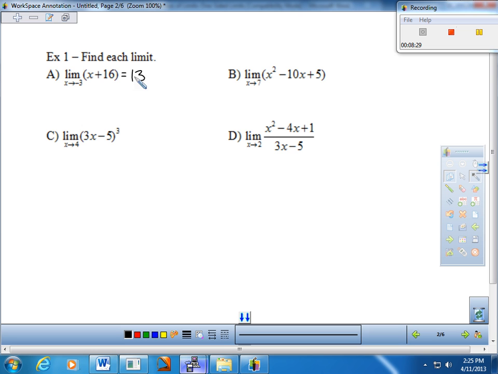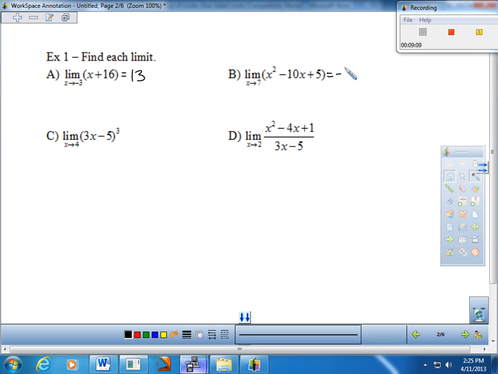Okay, next one. Limit as x approaches 7 of this nice quadratic function. Rather than putting in 6.9 and 6.99 and numbers just above 7, let's just put in 7. And by putting in 7, we're able to calculate its limit as well. So I do 7 squared minus 10 times 7 plus 5.